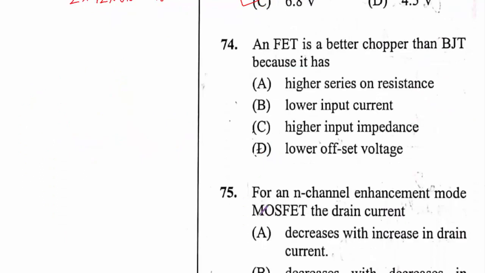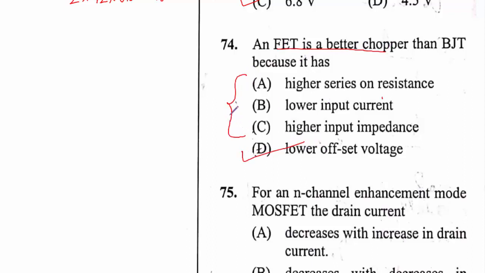74th question: an FET is a better chopper than BJT because it has: first option, high series on resistance; second option, lower input current; third option, higher input impedance; fourth option, lower offset. We know that FET is a better chopper because of lower offset voltage.